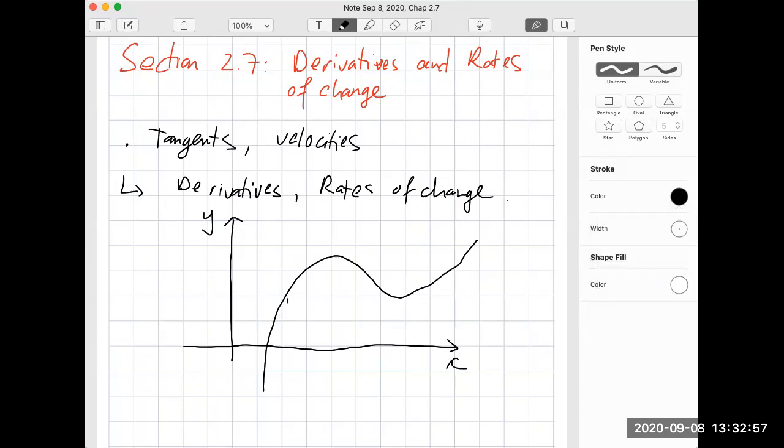This point, we call it the point P at x equal to a. This is the function f of x, so this point has a value of f of a. Any line that goes through P and cuts the graph at two points, we call a secant line, right?